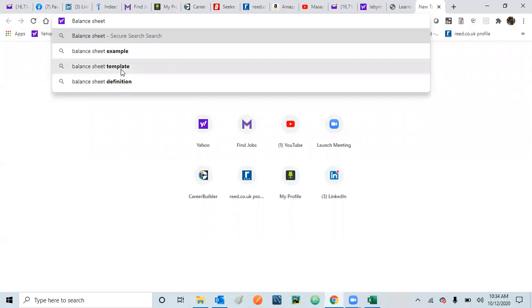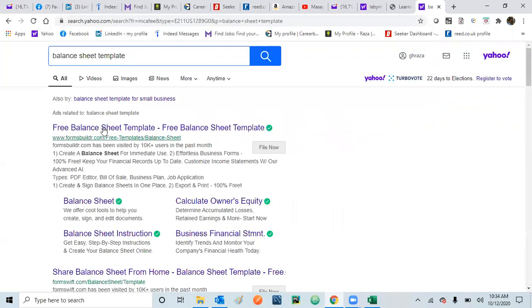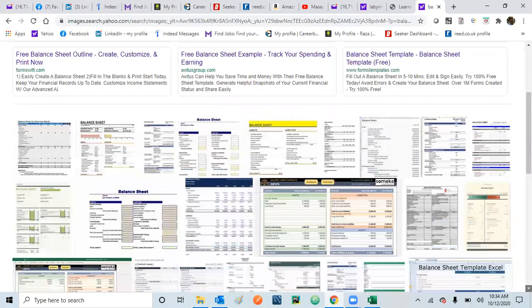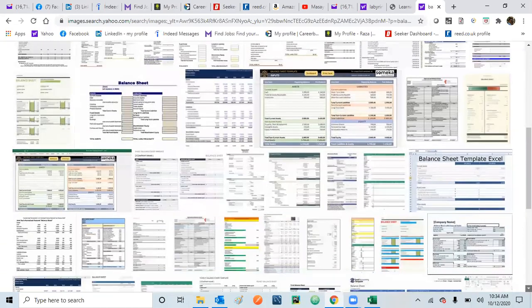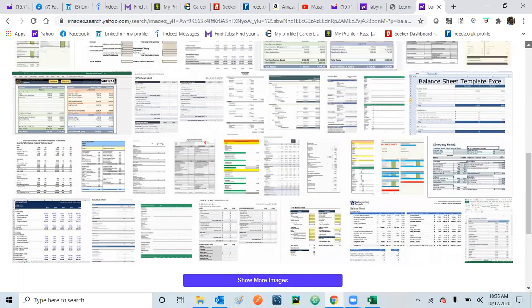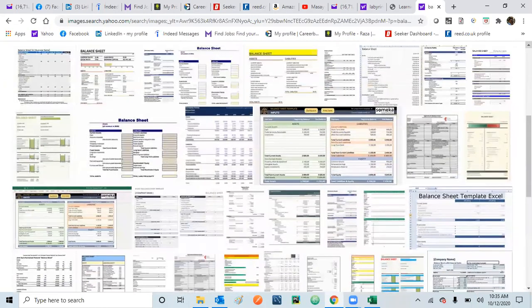Balance sheet templates. Let me open up one balance sheet tab.